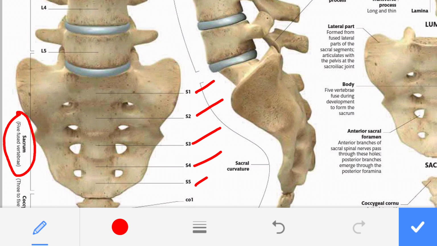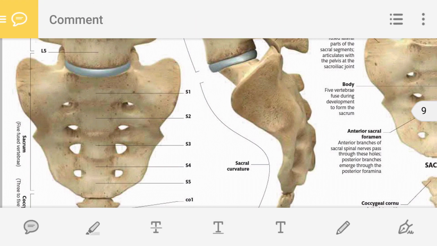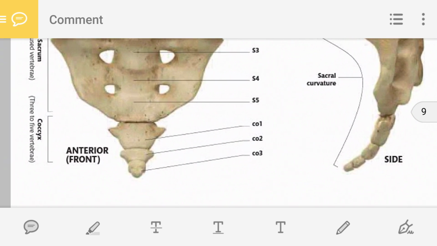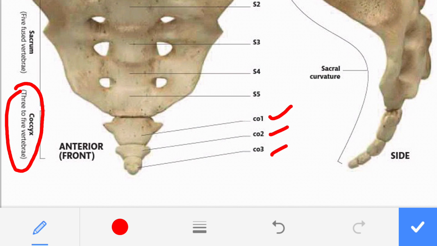So this entire vertebra is known as the sacrum. This one is the sacrum. Now the last vertebra. Here, as you can see, this 3 to 5 vertebra, as I told you earlier, 3 to 5. Over here they are showing 3: coccyx 1, coccyx 2, coccyx 3.